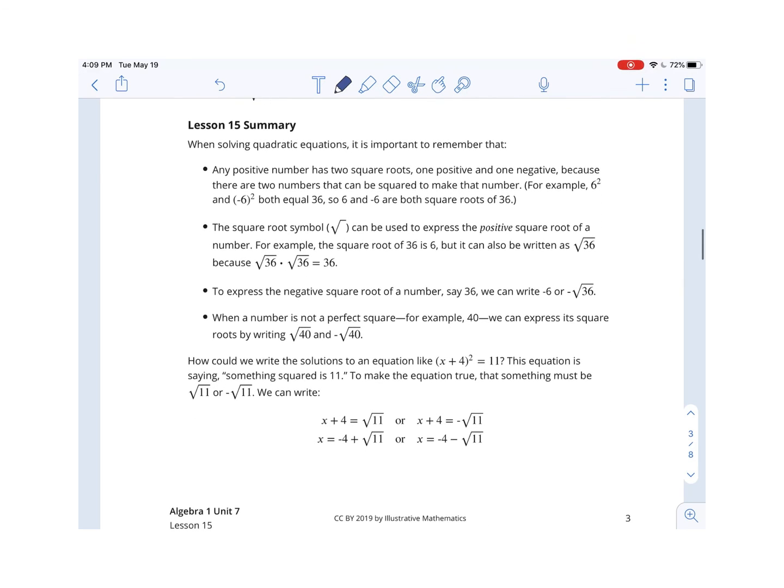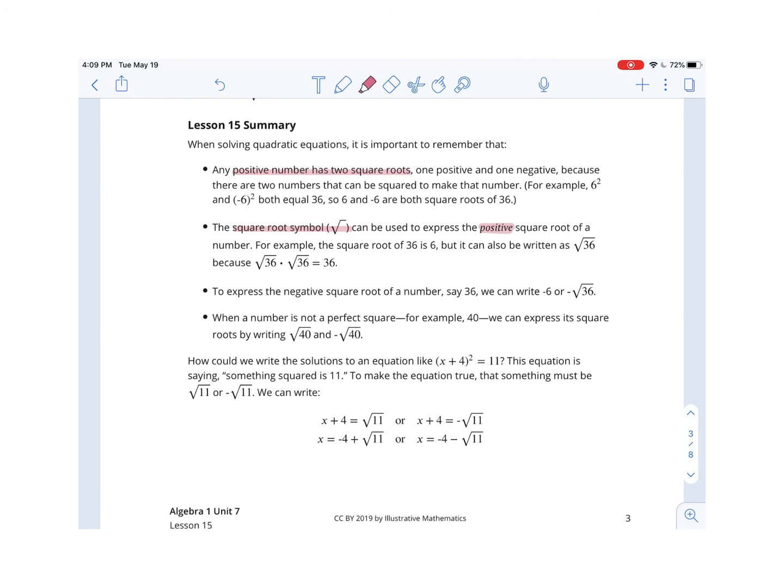Okay, so when we're solving quadratic equations, it's important to remember that we already know that any positive number has 2 square roots. We know that one is positive and one is negative, because we know there are 2 numbers that can be squared to make that number. Note that the square root symbol can be used to express the positive square root of a number.